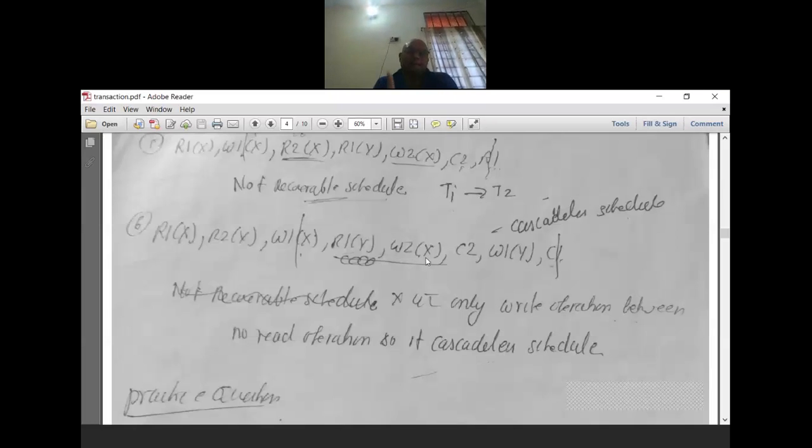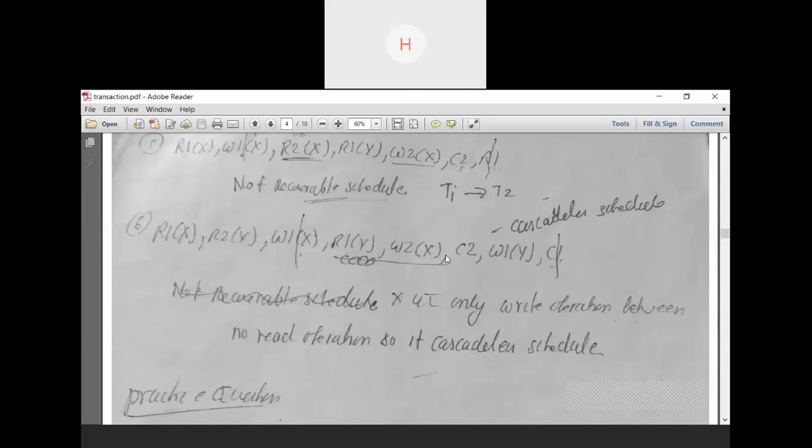I see the first update on data item X, completion of that transaction C1 is over here. In between, on the same data item X, a write operation is performed. If read is performed, I am checking for recoverable or non-recoverable. If no operation is performed, I am checking for strict schedule. But if a write operation is performed, by seeing it itself, I can say it is a cascadeless schedule.